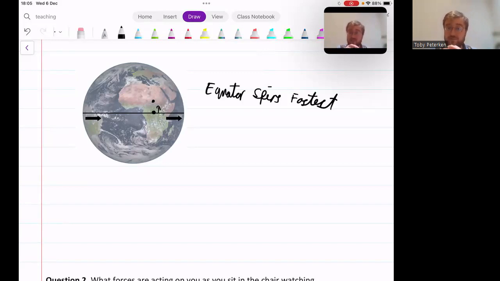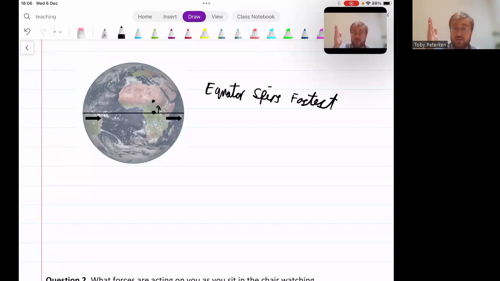Therefore, the wind, which comes from the equator, still has the inertia it had then. The wind from the equator is spinning at the fastest it can, because it's at the widest point of the Earth, so it's going around the Earth at its fastest possible speed. As the wind blows north, it's still got that inertia, so it's still moving east with that velocity.